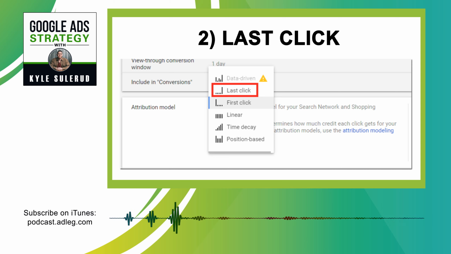So you'll actually find if you're using different models, there's not going to be a lot of variation in your actual results, okay? Because most of the time it's just one click that leads to the sale. But back to last click. So if there are more than one click, then it's the last click that is going to get credit.